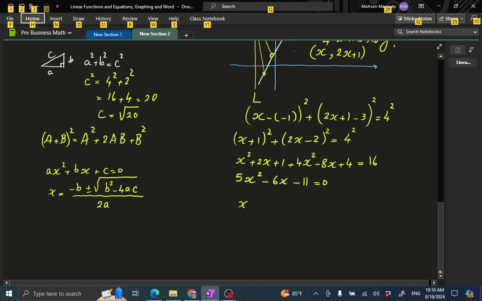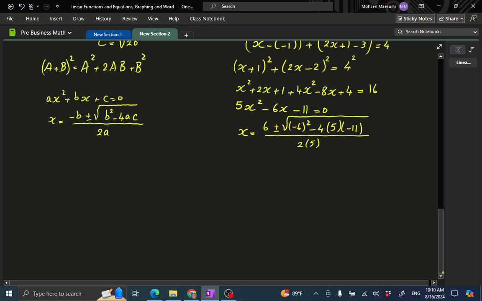So x becomes minus b. b is the coefficient of x here, so minus 6 is 6, plus or minus b squared, so minus 6 squared, so I have to write minus 6 squared, minus 4 times the first and the last numbers, and then divided by twice the first number.